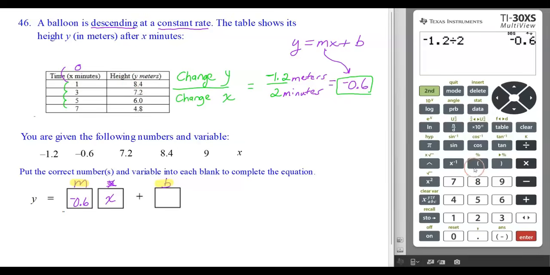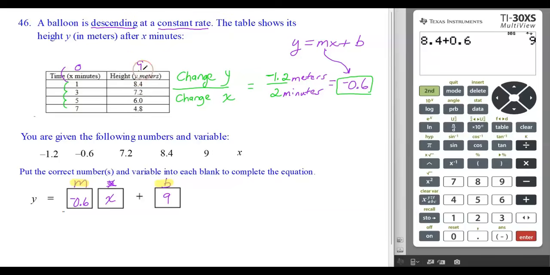So I'll take 8.4, let me clear this from here, and I'll add this number plus 0.6. That's going to give us 9. So at time 0, the height of the balloon was 9 meters. And I'll drag that 9 into here, right here. And I'm done. That would be my equation.